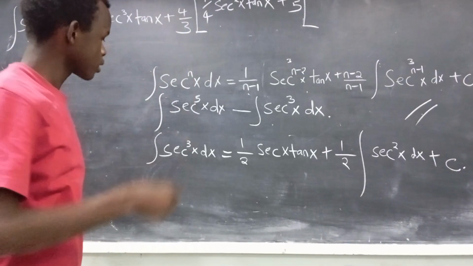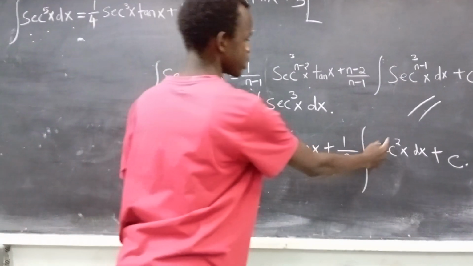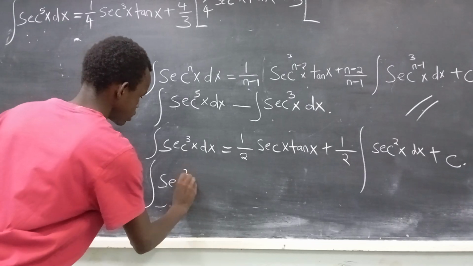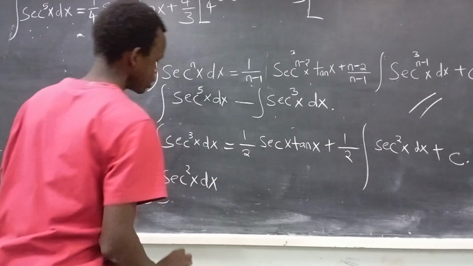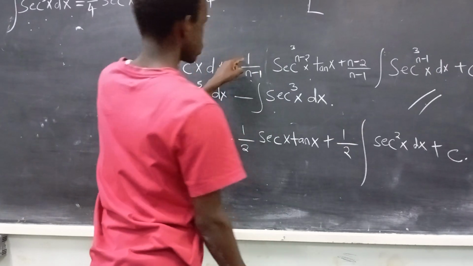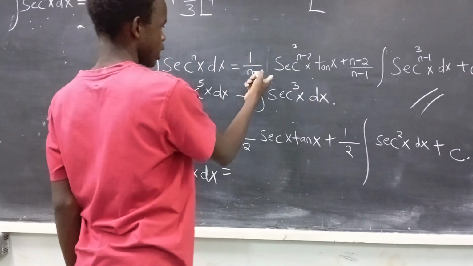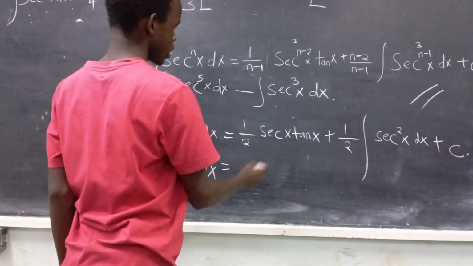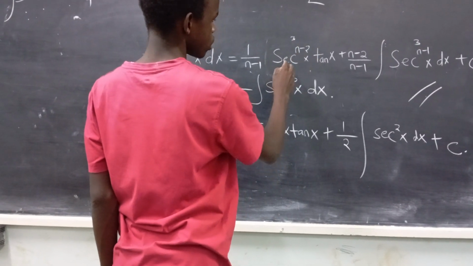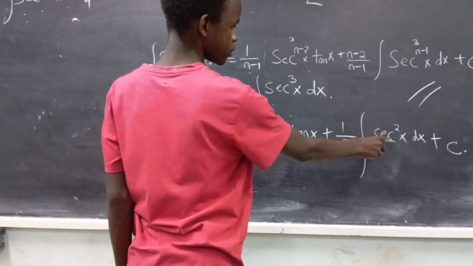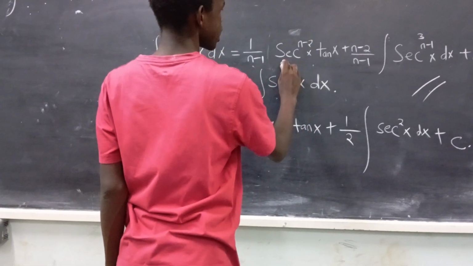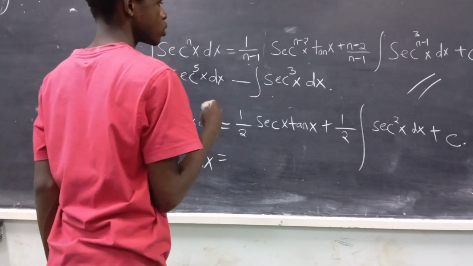From there, let's perform our secant to the second, so it will be the integral of secant of x dx. Replacing n with 2, it will be 1 divided by 1, so it's 1, secant to the 2 minus 2, and 2 minus 2 will be 0, so secant to the 0 is 1.